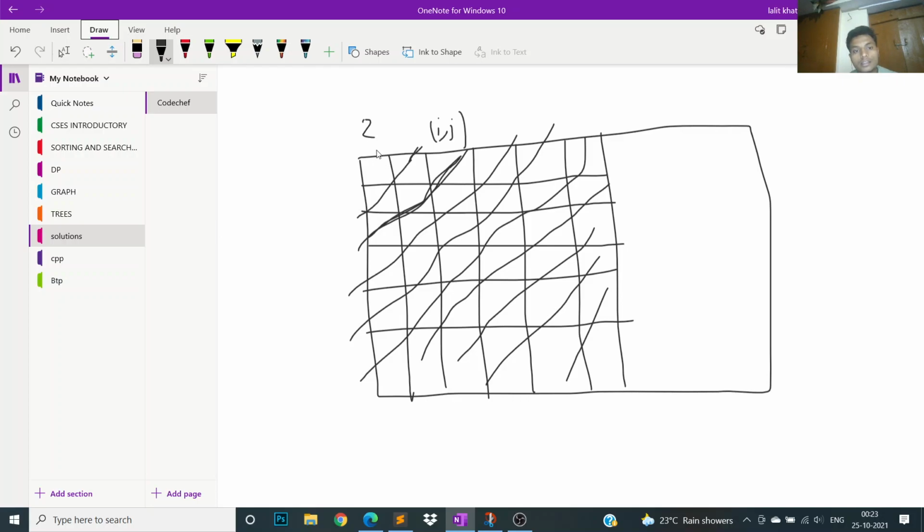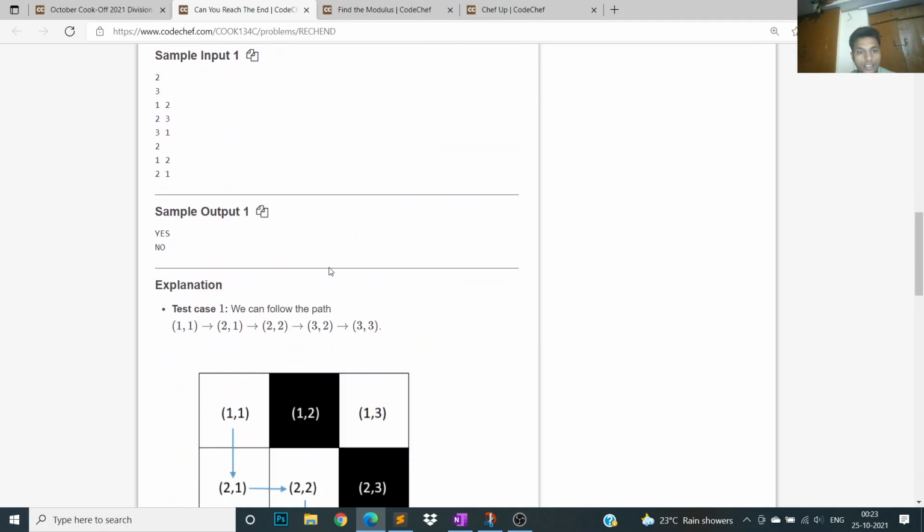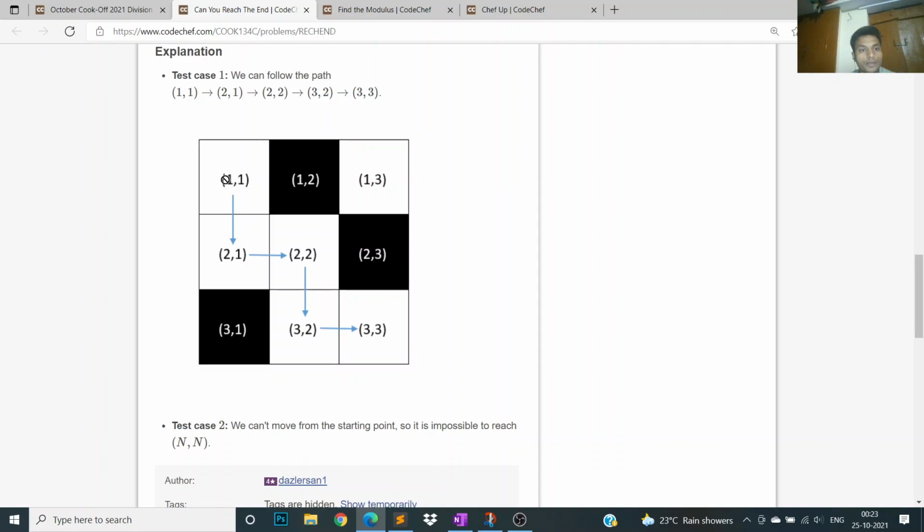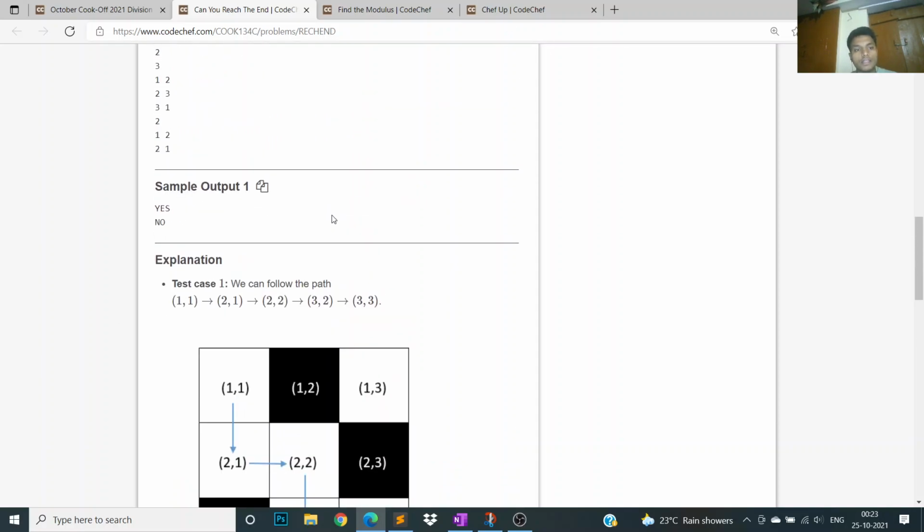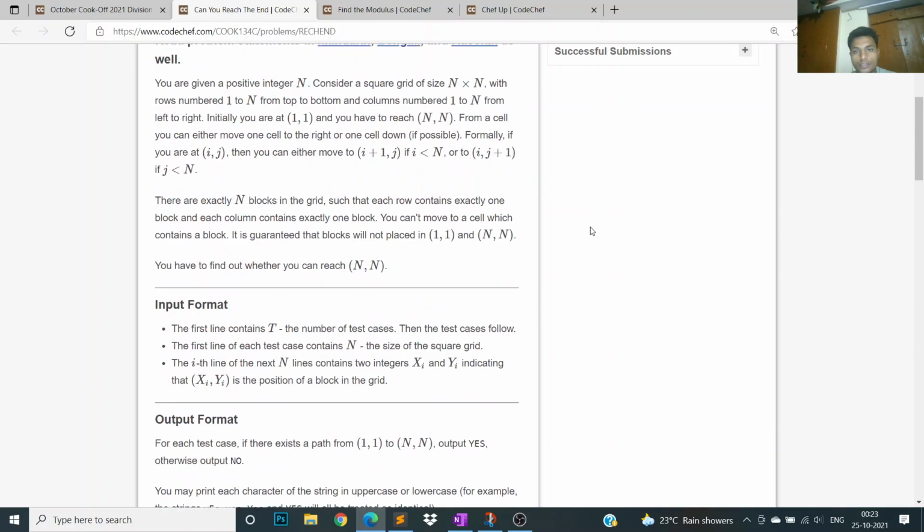This sum will be 2, this will be 3, this will be 4, this will be 5, this will be 6, 7, up to 2n. Here the sum will be 2, here 2 plus 1 will be 3, this whole diagonal will be 4, this diagonal will be 5, this diagonal will be 6. So I will show you my solution.